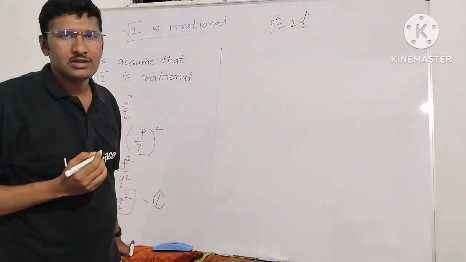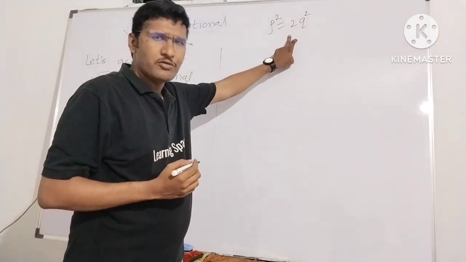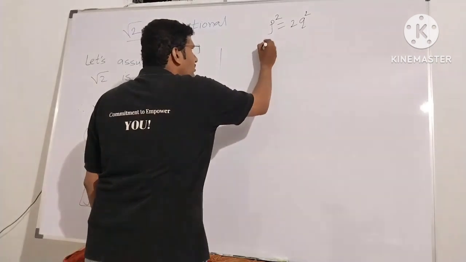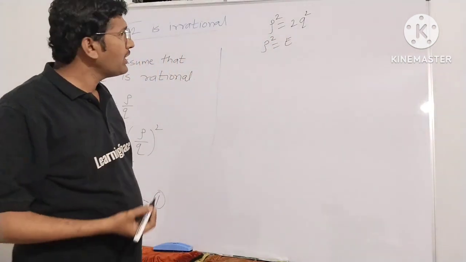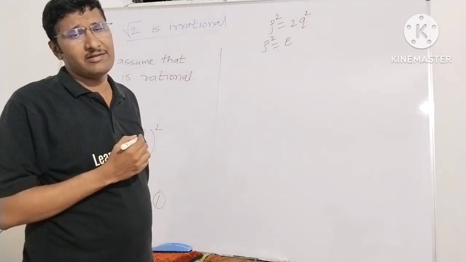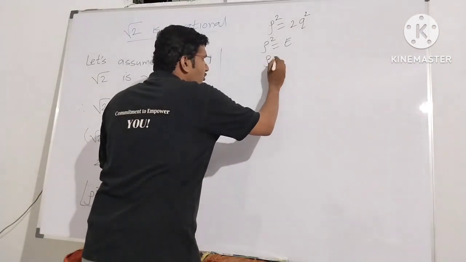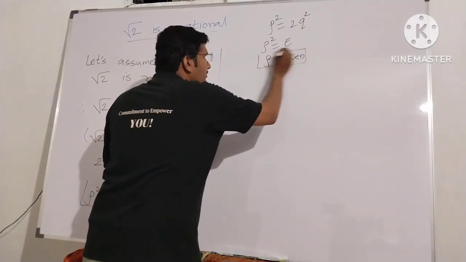From this we can say p square is a multiple of 2, so p square is an even number. If p square is even, p should also be even, right?